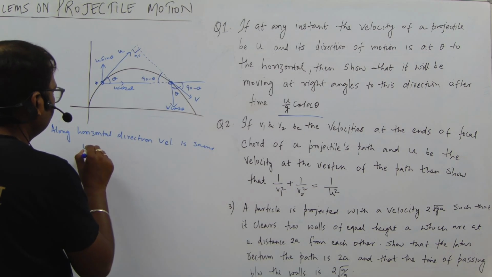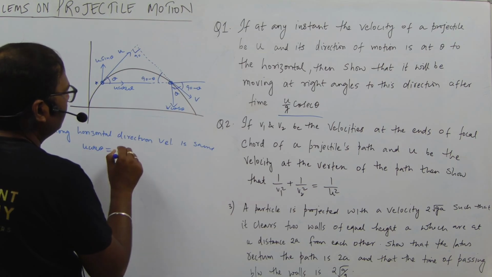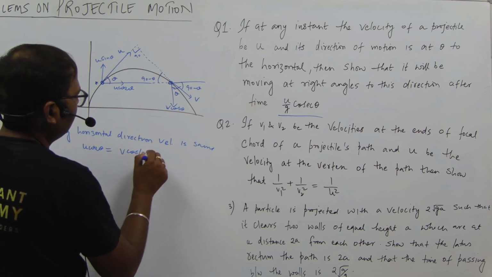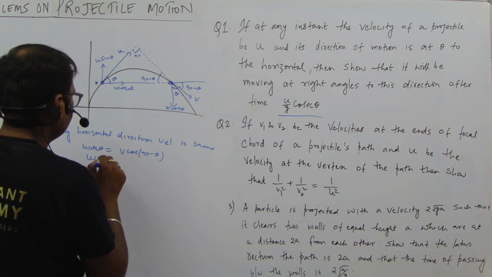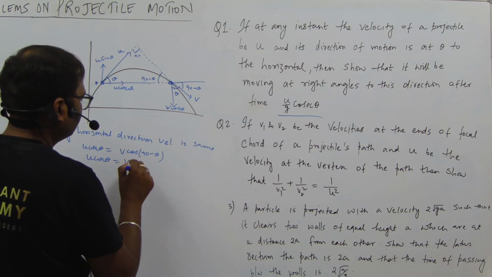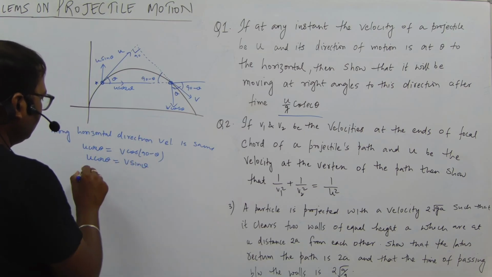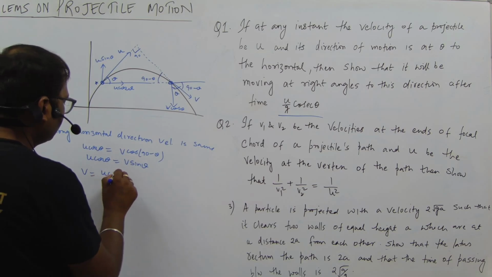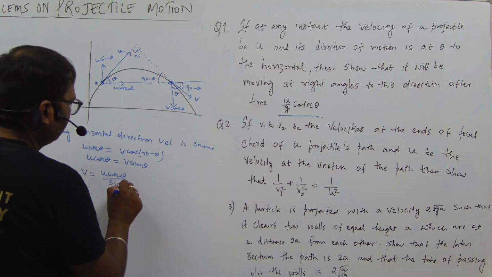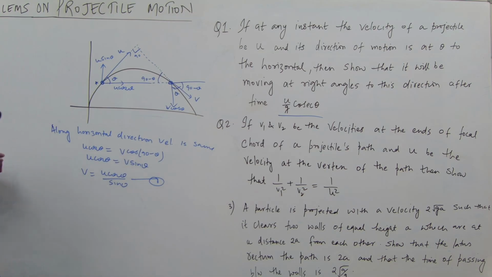So we have u cos theta is equal to v cos of 90 minus theta, so u cos theta is equal to v sin theta. So v is equal to u cos theta upon sin theta. Let us take this as equation 1.